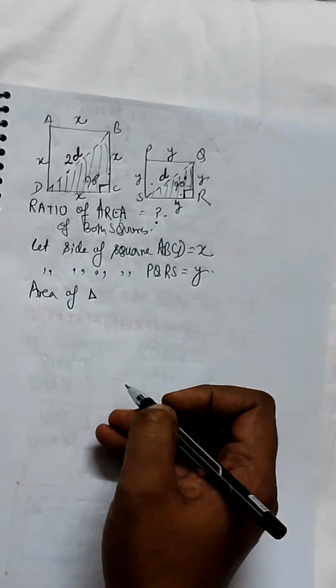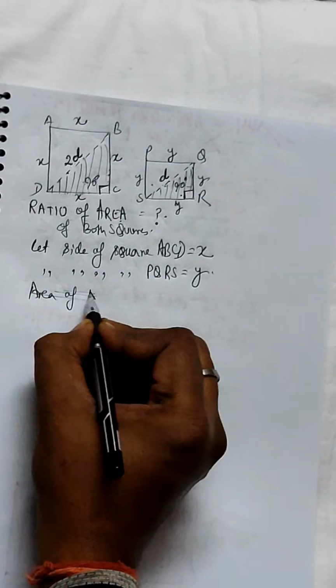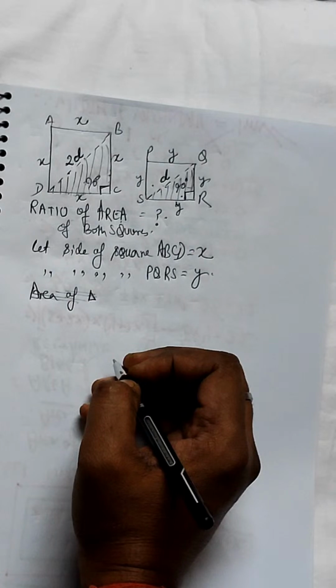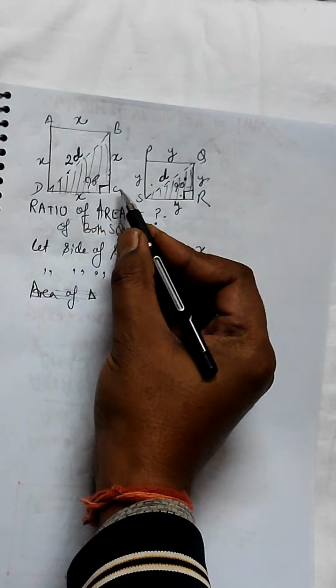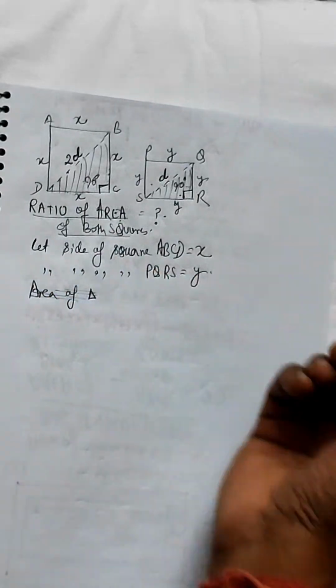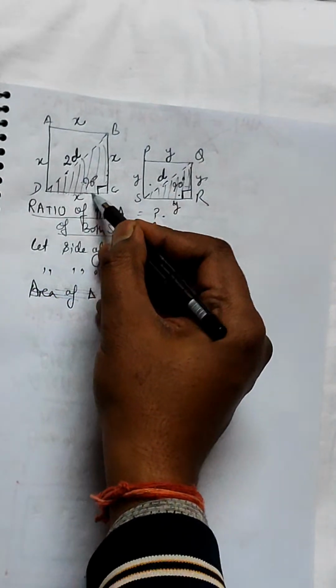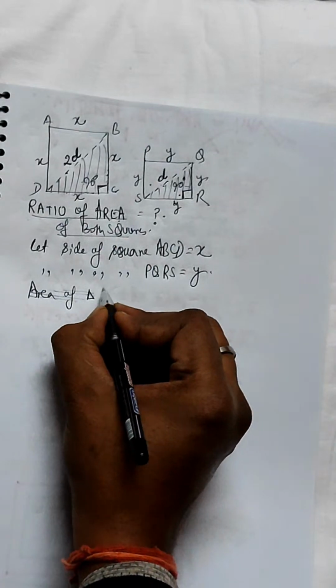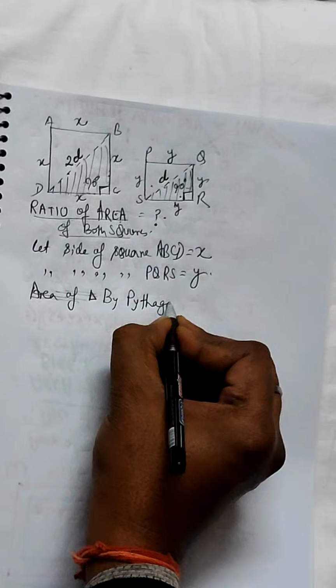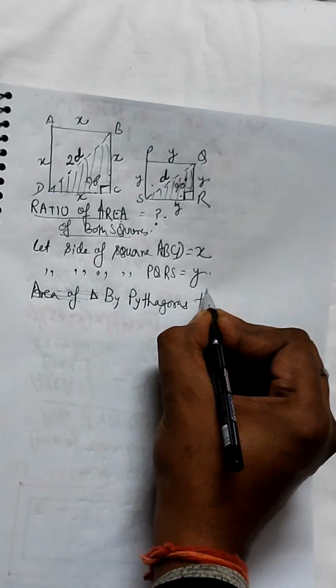Don't say area, just apply Pythagoras over here. It will resolve our issue. What we need to calculate is the ratio of the area of the two squares. So for this, apply Pythagoras. So just mentioning over here, by Pythagoras theorem.